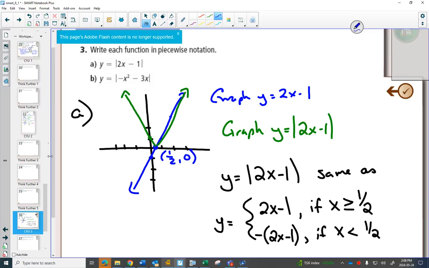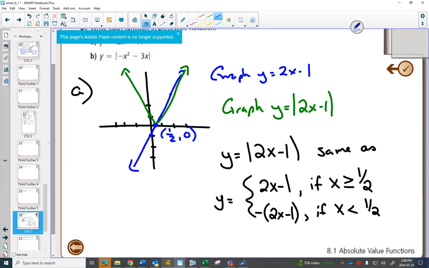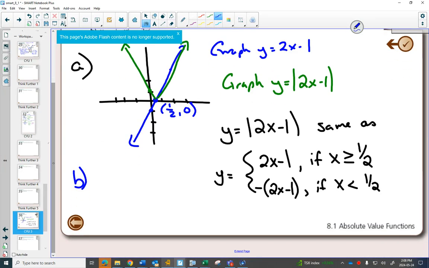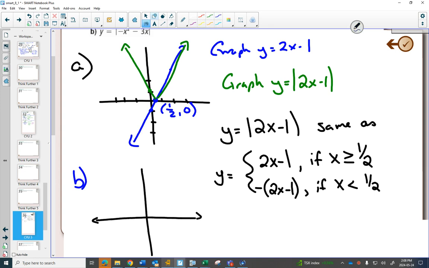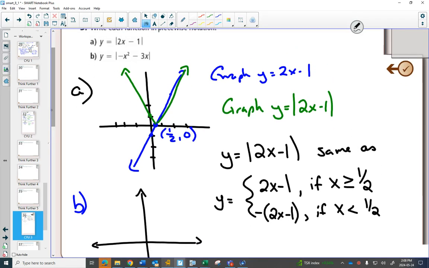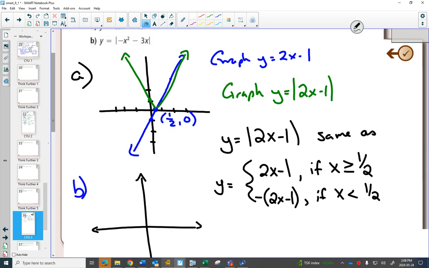So in part B, if you were graphing this in black, if I was first graphing the inside, again, I'll graph the inside in blue. And are you okay if I factor it already by taking out a negative x and get negative x times x plus 3?